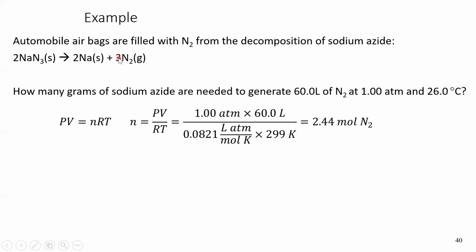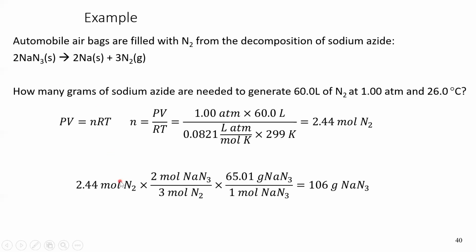So now we know how many moles of nitrogen gas we have. We can use our stoichiometry to go from moles of nitrogen to moles of sodium azide. And then we want to go from moles of sodium azide to grams of sodium azide. So we're going to need to know the molar mass for NaN3. So 2.44 moles of nitrogen gas.